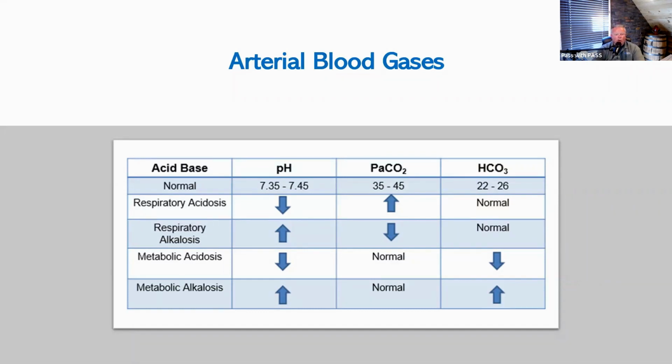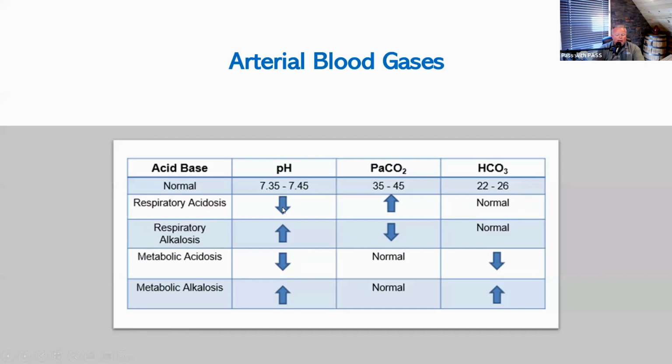I want to know if my respiratory system is what is causing my problem. And the way that we know that is we look at our PaCO2. So if you look at the pH for respiratory acidosis, we know that my pH is going to be lower than 7.35, okay?